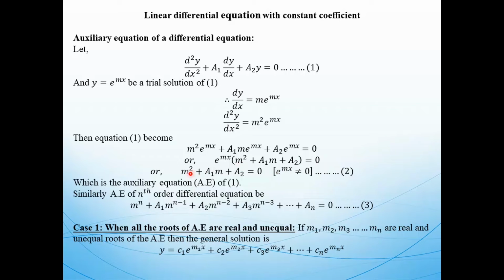From this line we can write m square plus a1 m plus a2 is equal to 0, since e to the power mx is not equal to 0, and equation 2 is the auxiliary equation of equation 1. Similarly, the auxiliary equation of an nth order differential equation will be m to the power n plus a1 m to the power n minus 1 plus a2 m to the power n minus 2 plus a3 m to the power n minus 3 plus ... plus an is equal to 0.